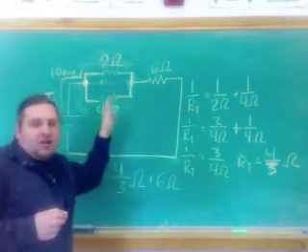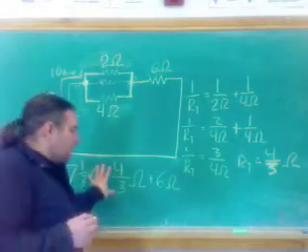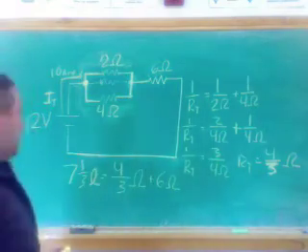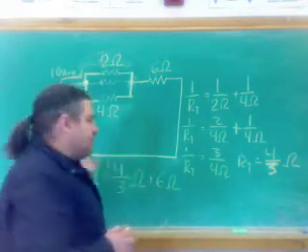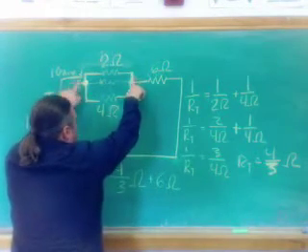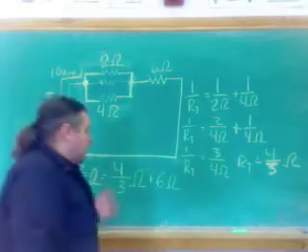Calculate the current across there, I'm good to go. This is the tricky part, being able to calculate the total resistance. Once I've calculated the total resistance, I can get the total current. Once I've calculated the total current, I can find the voltage across this point, calculate the current through here, current through there. I'm done.